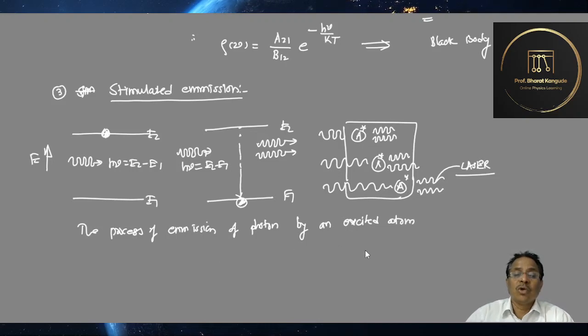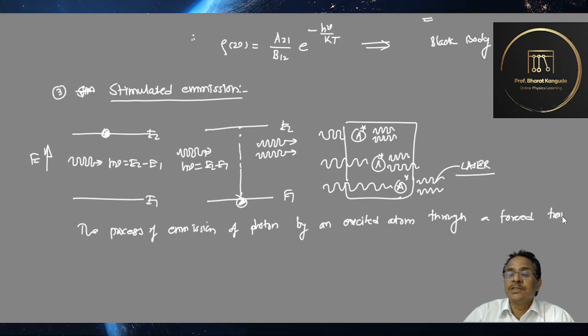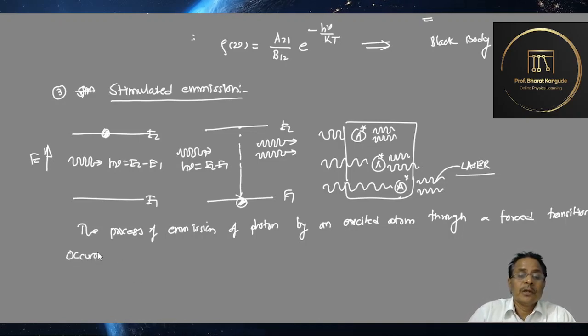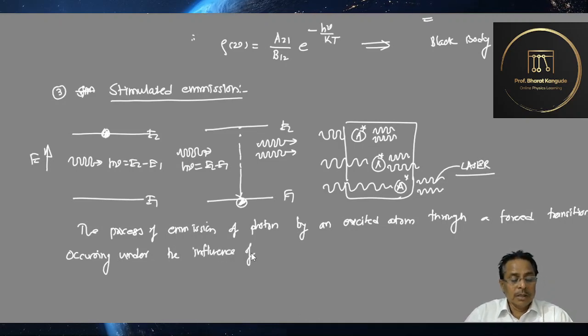Process of emission of a photon by an excited atom, this time through a forced transition. This is the forced one, occurring under the influence of an external agent or trigger.